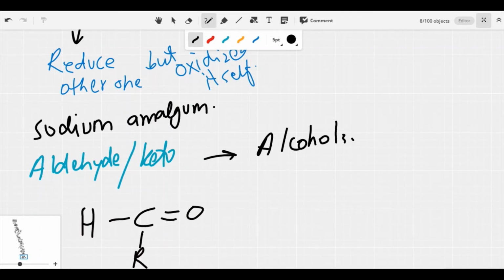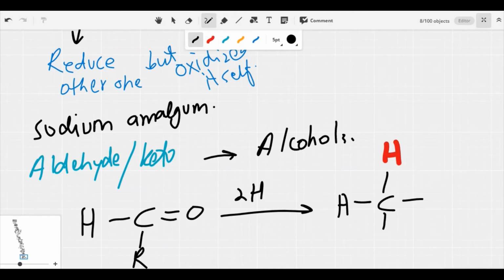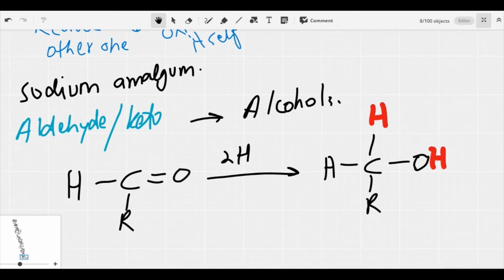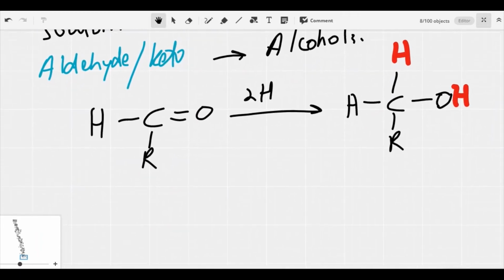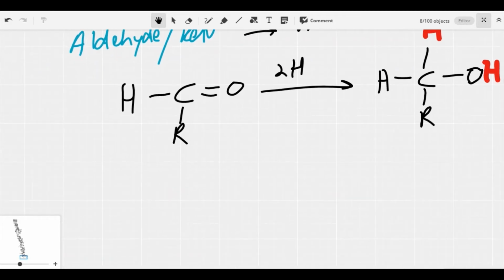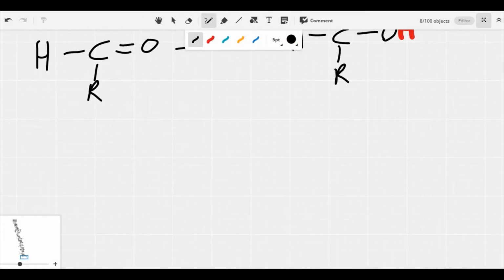like here you can see the aldehyde group will be reduced to form the corresponding alcohol. For example, here we can add 2 hydrogens. So the important monosaccharides and their corresponding alcohols I am going to show you.